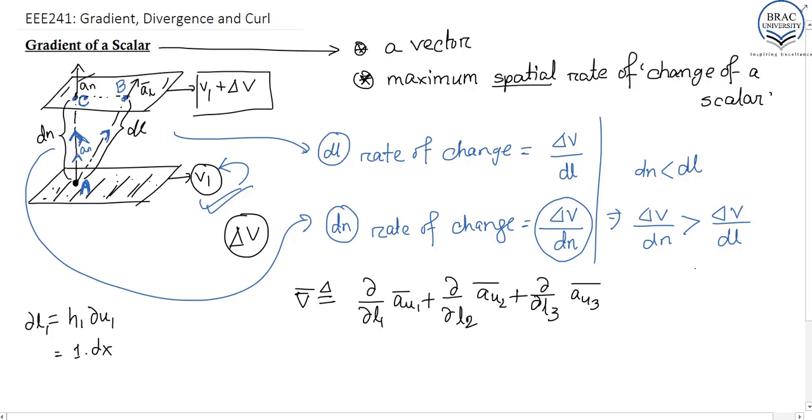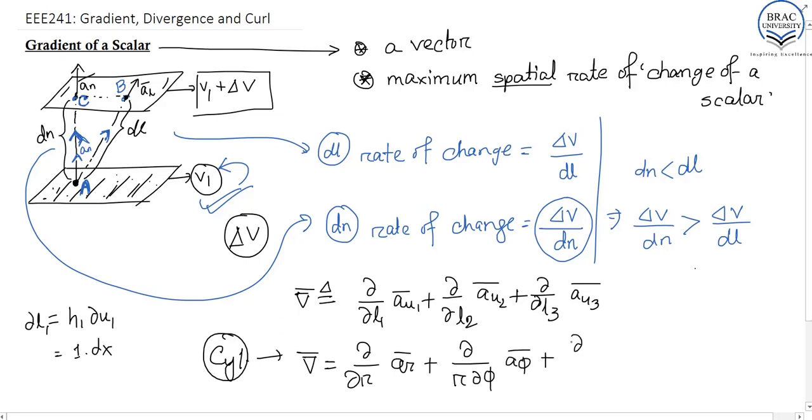Okay. In case of the cylindrical system, however, the del operator will look like ∂/∂r ar plus, and there's the catch. If you remember correctly, dl2 in case of the cylindrical system consists of a conversion factor r and the differential change of phi. So r dphi, a phi, and ∂/∂z az. All right.